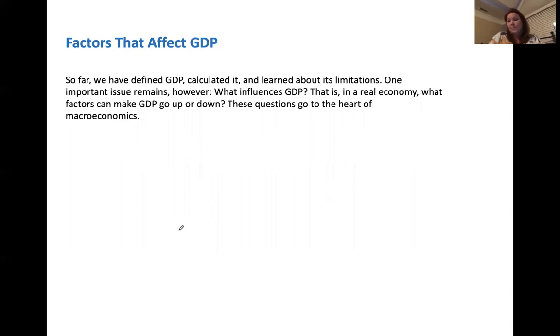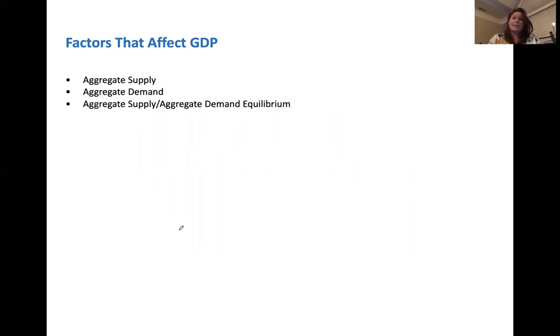Okay, this is what macroeconomists study. They want to know how we can influence GDP in a positive way and what things are going to influence it in a negative way to see if we can keep that from happening. And there are 3 things that can affect it. We've got aggregate supply, aggregate demand, and then the equilibrium point of aggregate supply and demand.